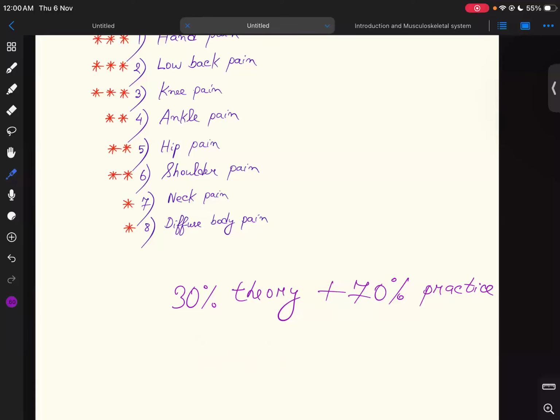So what you have to do is go through the recording if you want, and make your notes once again. Then you have to start the practice before the next class, because in the next class, you have to practice it with me. And this course will be completed over 10 sessions. The 11th session will be solely on practice.